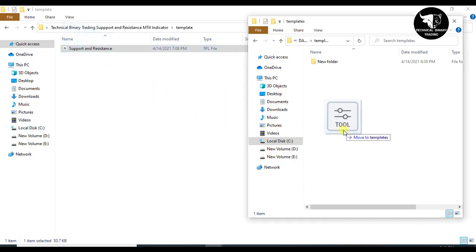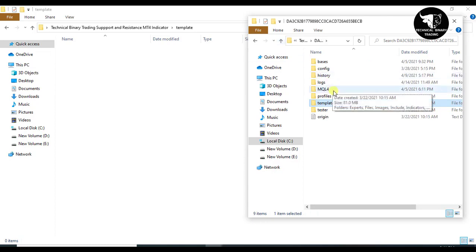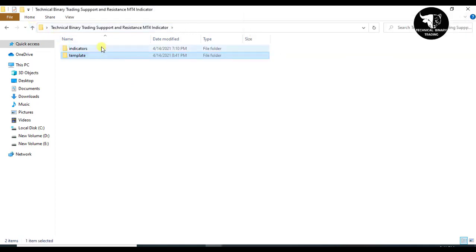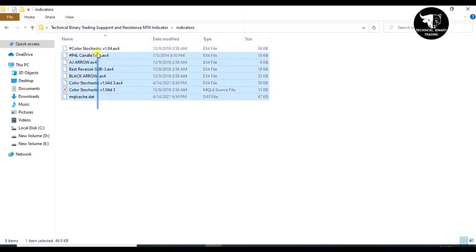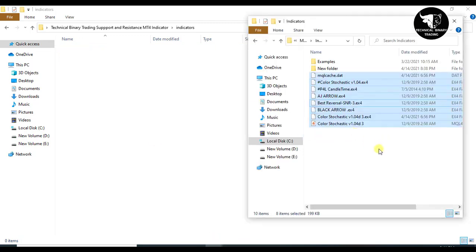Copy the file of the indicator to the MT4 template folder. Now go back and open the MQL4 folder and then the indicator folder of MT4 and copy the given indicators to this folder. Now our indicators and template are ready to apply.